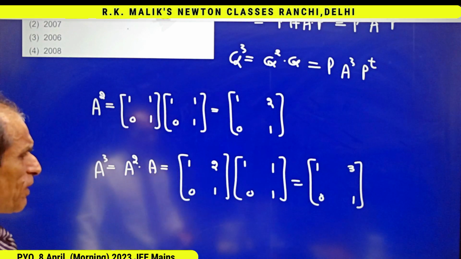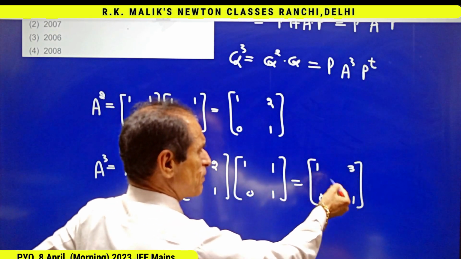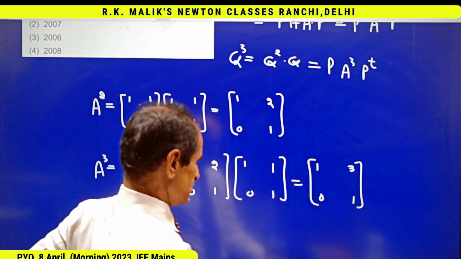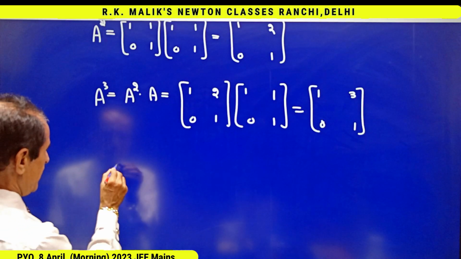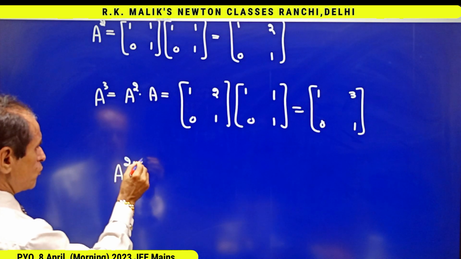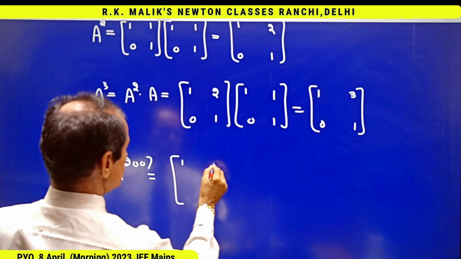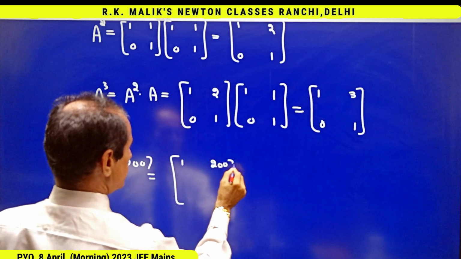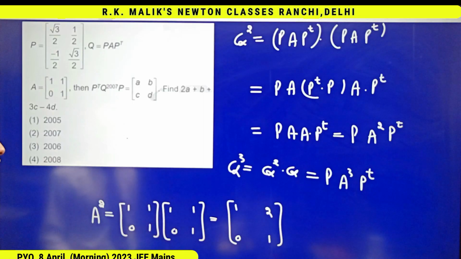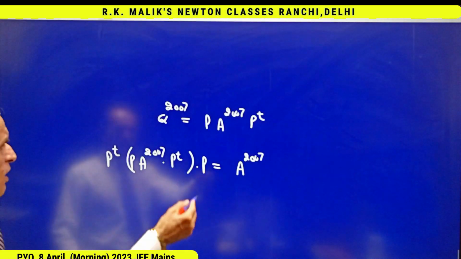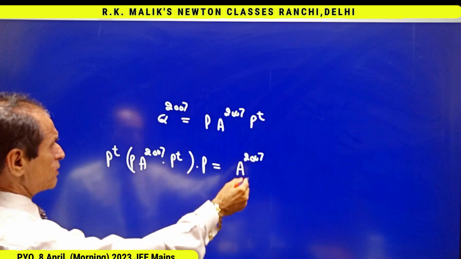Now it is not difficult to observe that every time we multiply by A, this element will be increased by 1, but these three elements will remain the same. Therefore, I can say A to the power 2007 will be equal to 1, 2007, 0, 1. And this thing I had proved here, it is A to the power 2007.